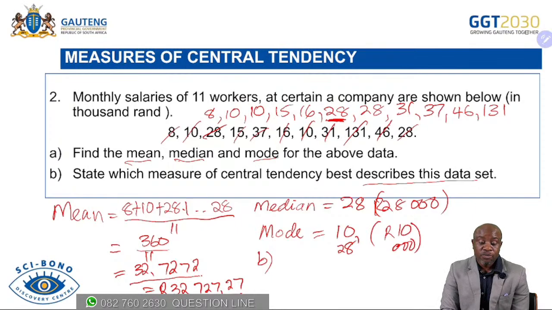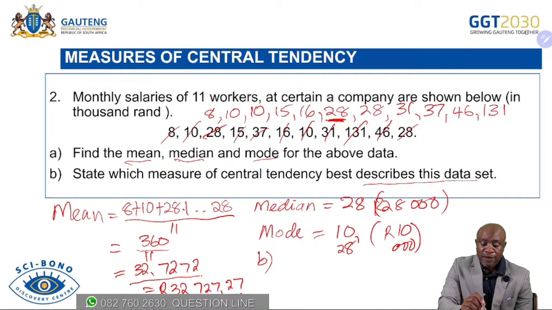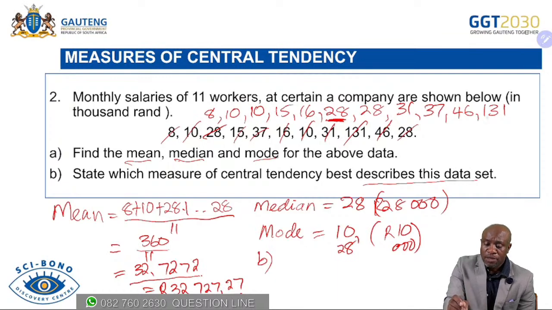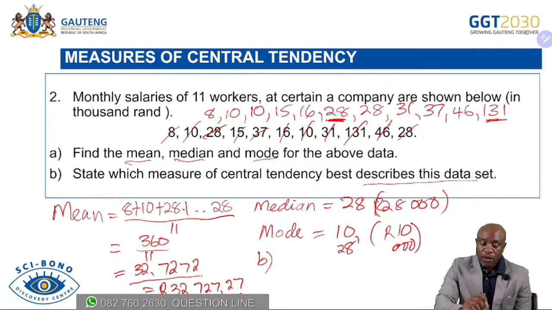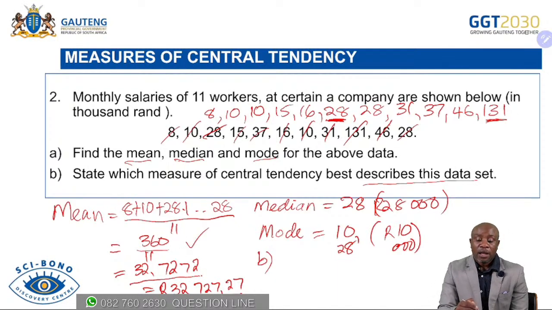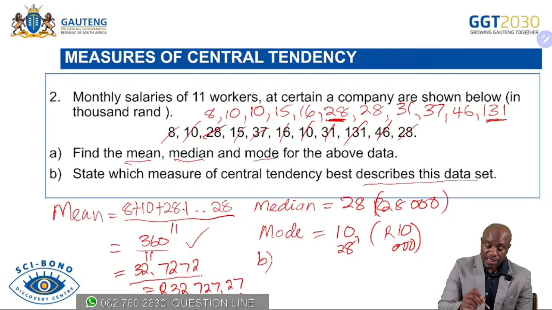Our decision is based on the numbers that we have there. So we look at each of these values and check with the values that we have here. Now, if we look at these values here, there is one value that appears to be out of place, and that value is 131. And therefore, I will not go for the mean, because the mean is influenced by the extreme values, that 131.